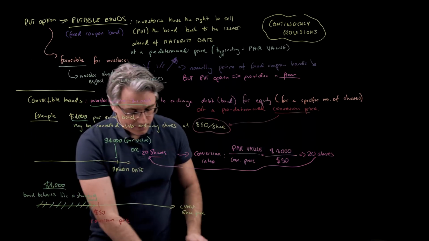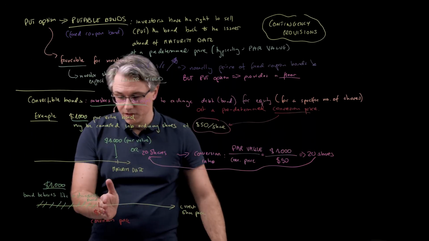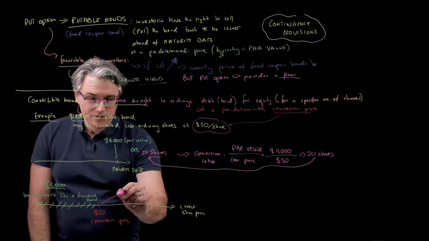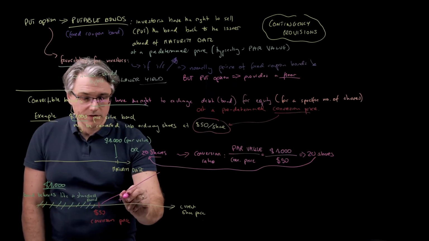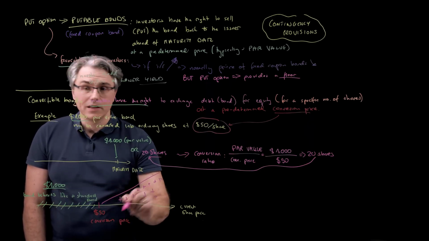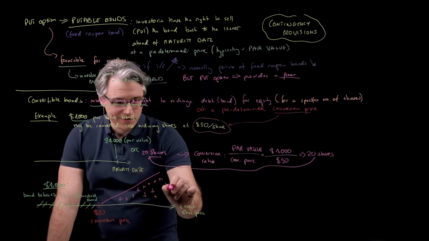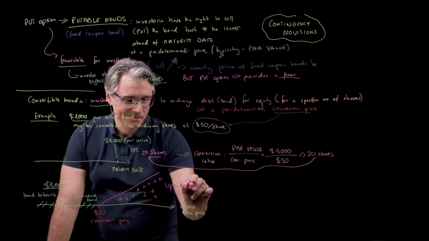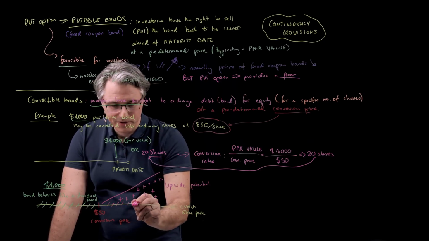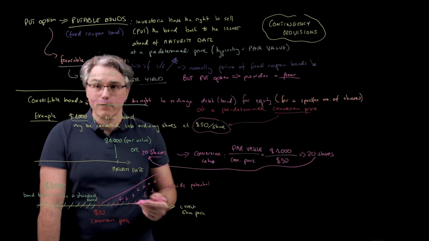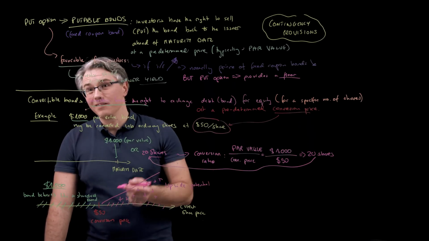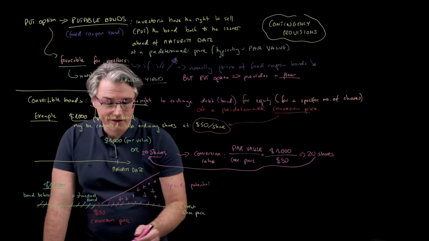However, as we get closer and closer to that 50 in terms of the current share price, the bond starts to, you know, gain in value, because you're getting closer to the territory where you've got a lot of potential for upside. We call this upside potential. And over here, in this territory, it becomes obvious that you would go for the 20 shares, which now have a higher value, because you're effectively buying them for a lower price, 50, than their current market value.